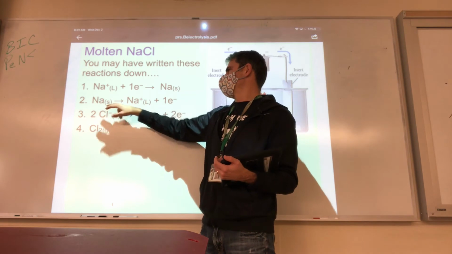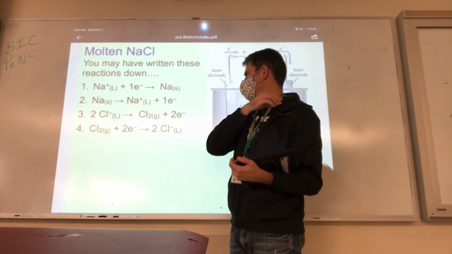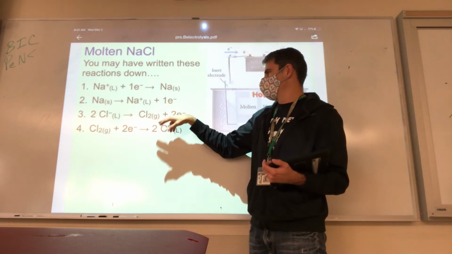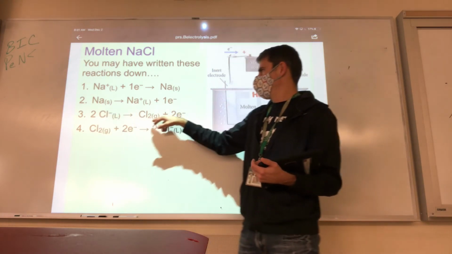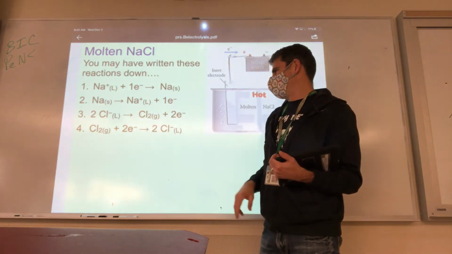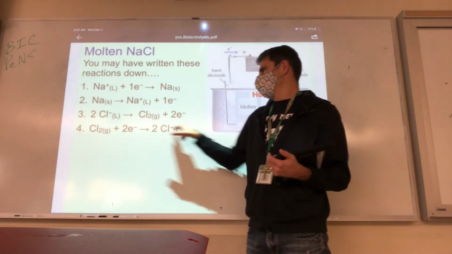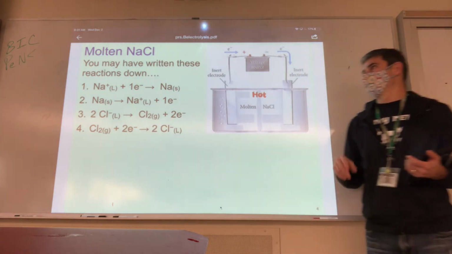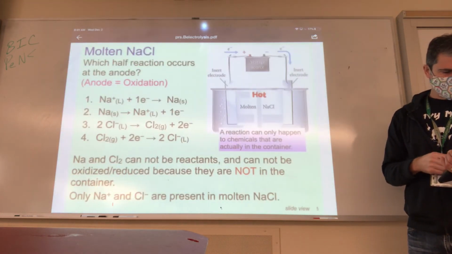We have sodium solid resulting in sodium ions and electrons. We have chloride ions as liquid going to chlorine gas with electrons, and lastly we have chlorine gas gaining electrons to become ions. So those are the possibilities that you may have thought about.